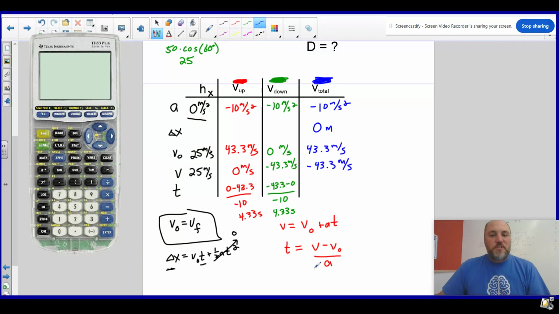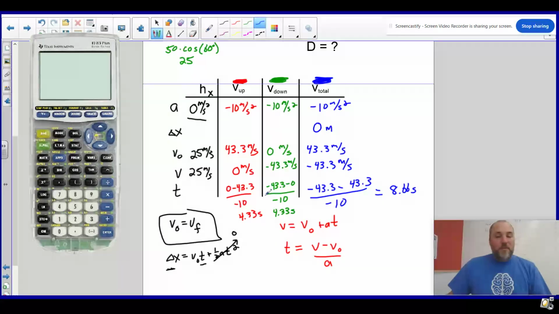If I use the same mechanics here, do final velocity, 43.3 downward, minus the initial velocity, 43.3 upward, and then divided by -10. Well, 43.3 plus 43.3, I'm going to get 86.6 divided by -10, and that should be 8.66 seconds.